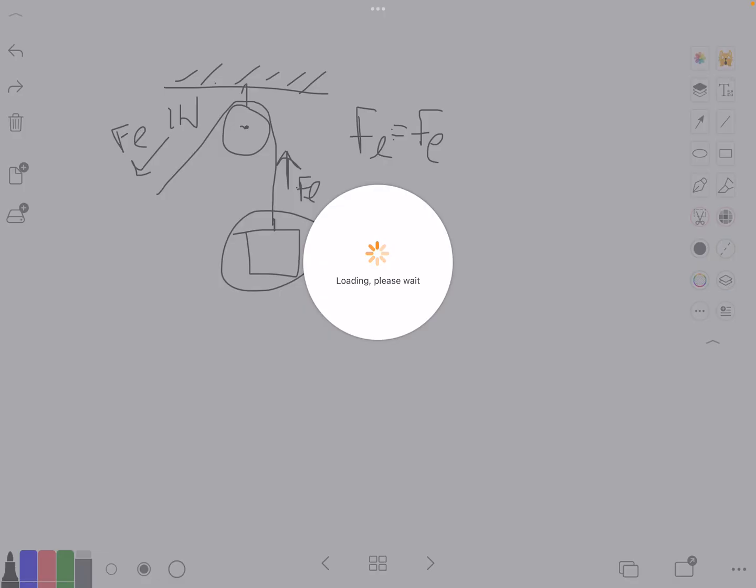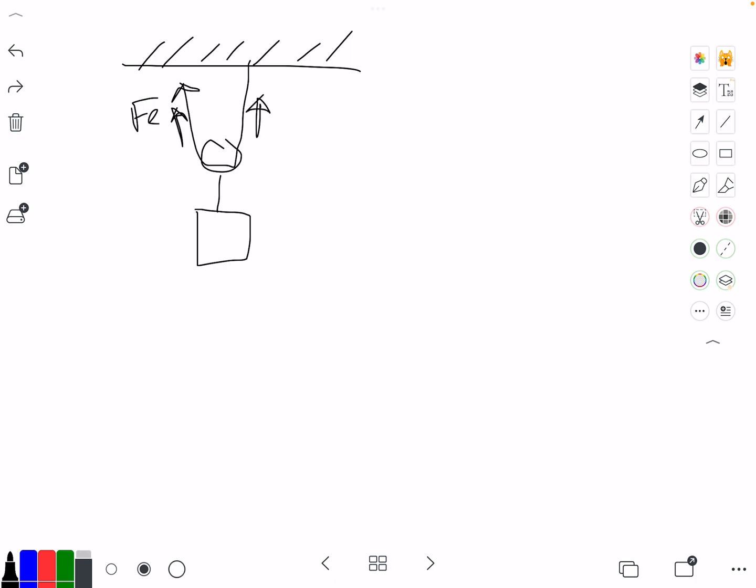Now if we were to look at the movable pulley system, we have our load, and we have our rope, and we have our effort here. Now if you were to look at the forces applied on this pulley, you have your effort force going up, but that effort force, again, is through the entire rope and is also pulling up in this direction.